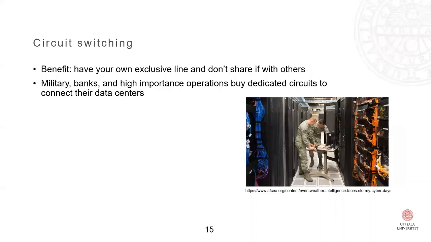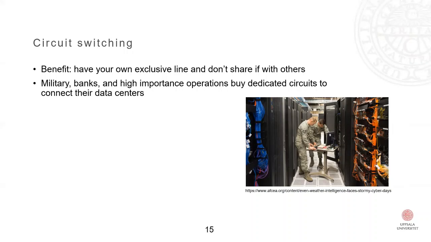So circuit switching has its own benefits. It is exclusive to you, and it brings you some sort of privacy and safety, but it is only used in special cases that need a lot of privacy and very high speed communication.